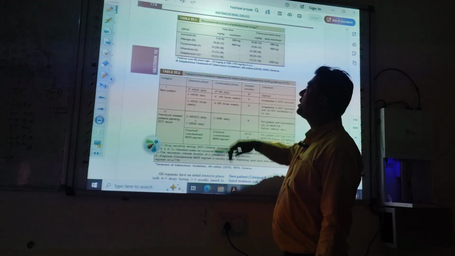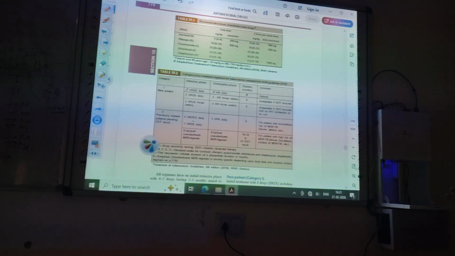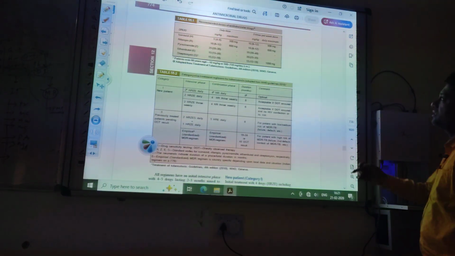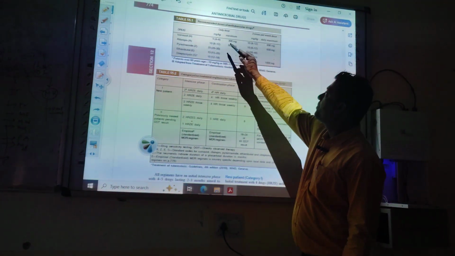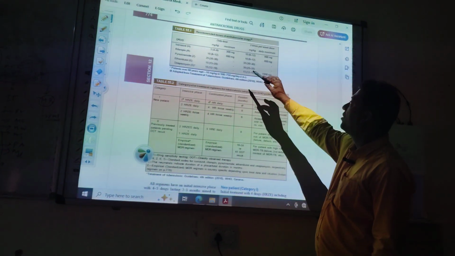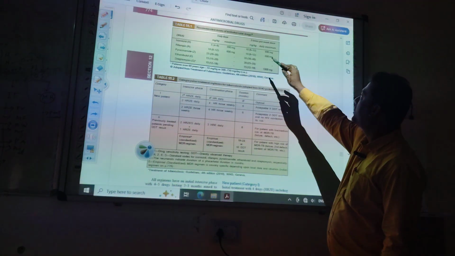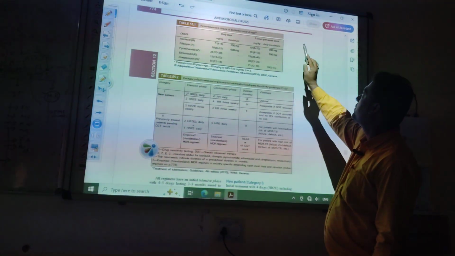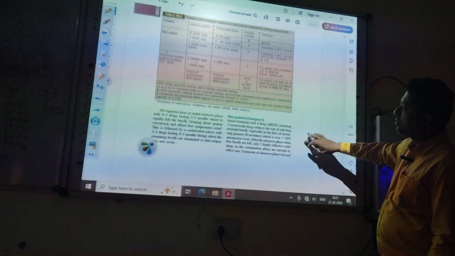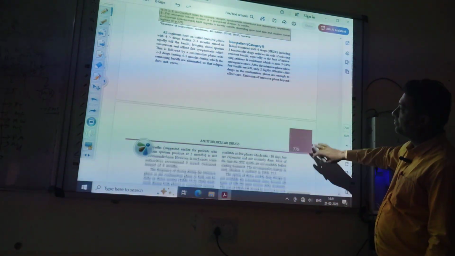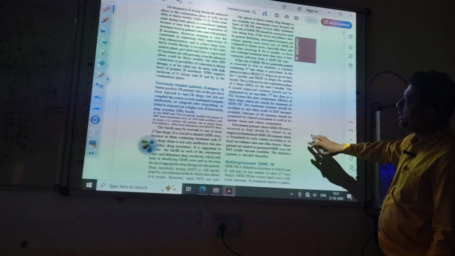And drugs are isoniazide, rifampin or rifampicin, pyrazinamide, ethambutol, streptomycin. And these are the doses, milligram per kg, and this is the 3 times per week dose.